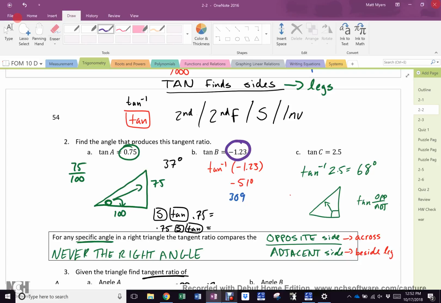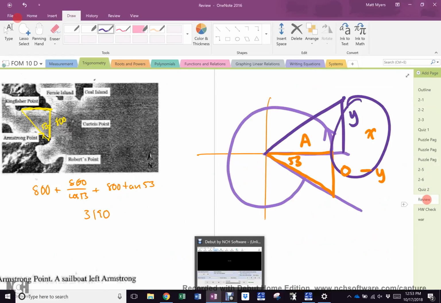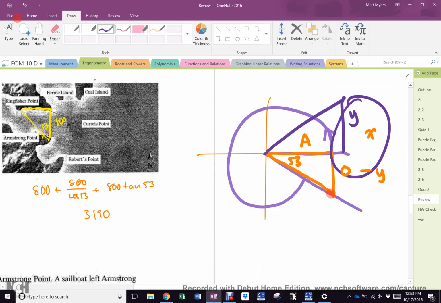In that spot, cosines are still positive. So yeah, you would have been okay. And where was I? So, if you had done cosine here, you get a positive. But if you do tan here, you will get a negative. So when you did this part, 800 times tan 307, you would have gotten a negative value there. Okay?